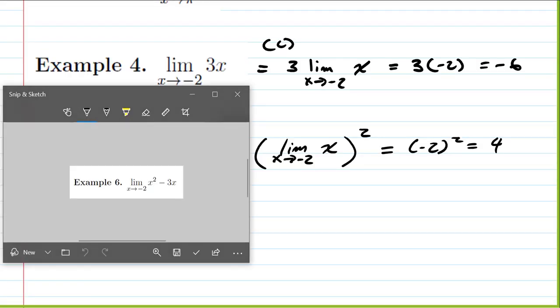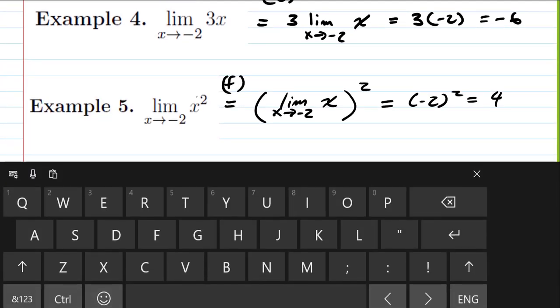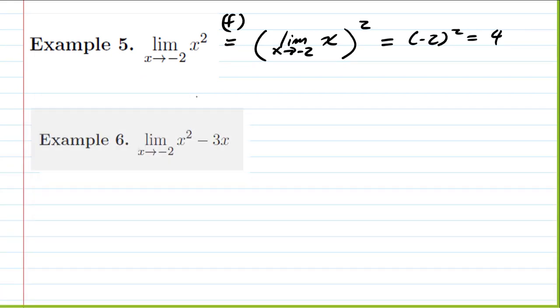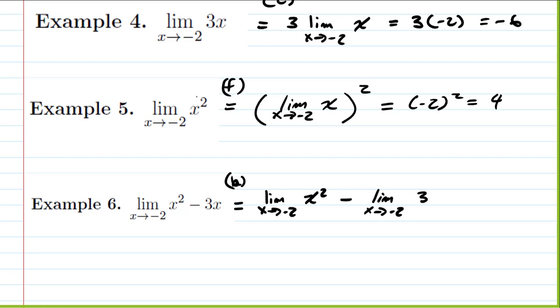All right, so let's take a look at example number 6. So now we have the limit as x approaches negative 2 of x squared minus 3x. Well, that's by our first property, well actually our second one because it's subtraction. This is the same as the limit as x approaches negative 2 of x squared minus the limit as x approaches negative 2 of 3x.